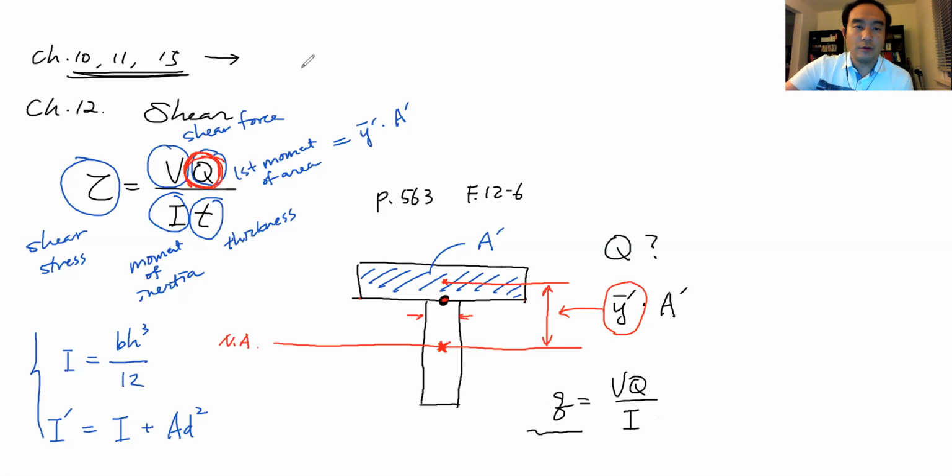With an understanding of those definitions and equations, I recommend you solve problems 12.1, 12.3, and 12.4.